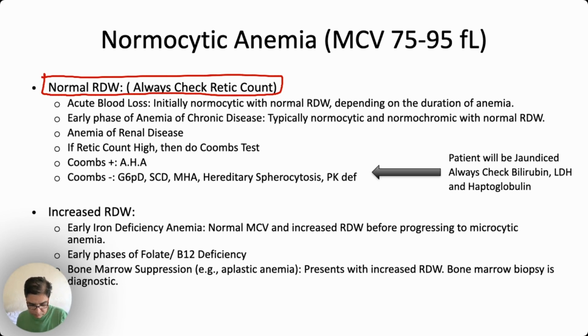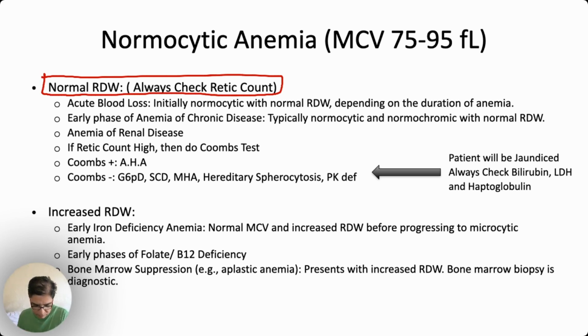What's common is acute blood loss, especially in trauma cases. Somebody who has lost blood because of bleeding from a wound or something, for some time they can have a low hemoglobin, but their MCV and red cell distribution width would be normal.